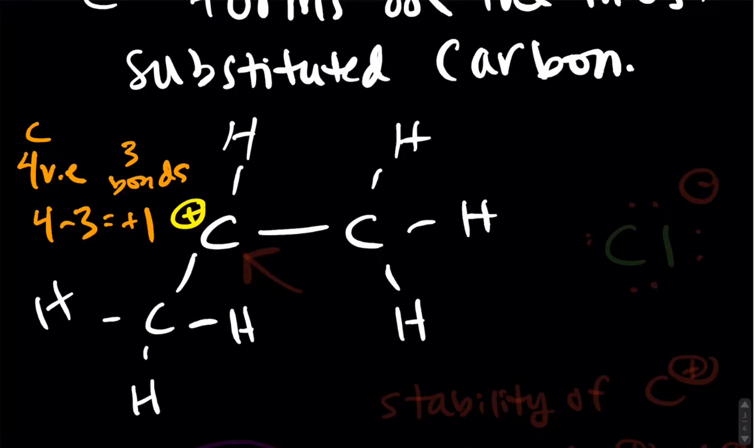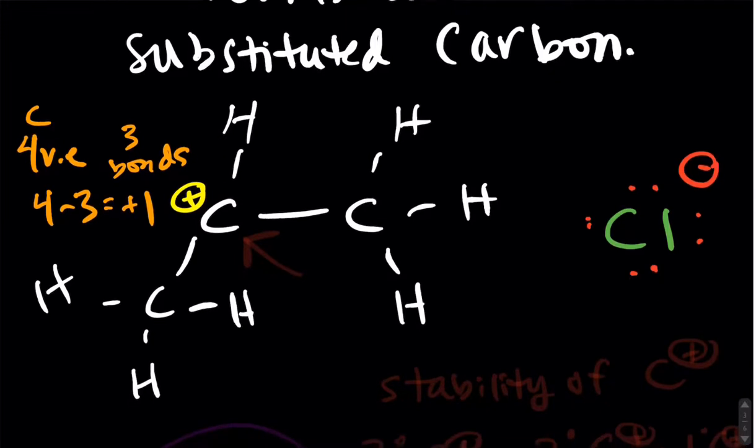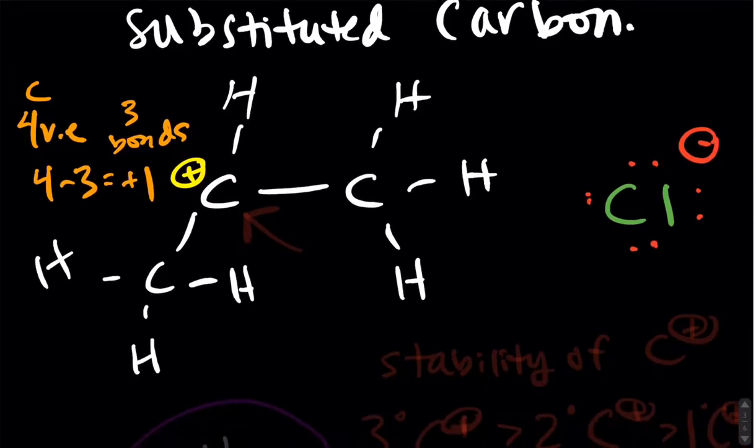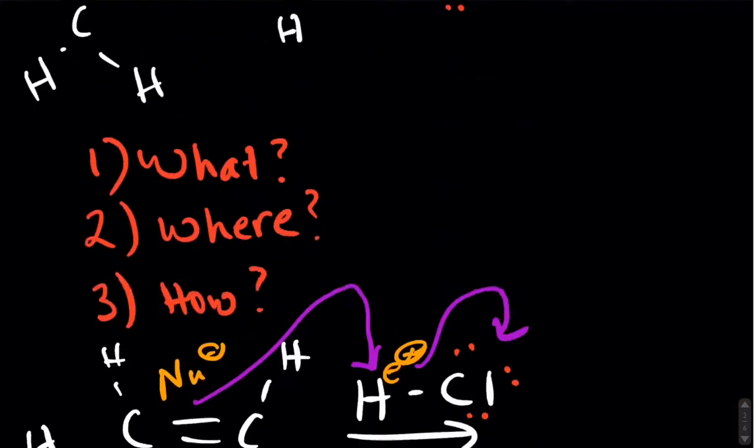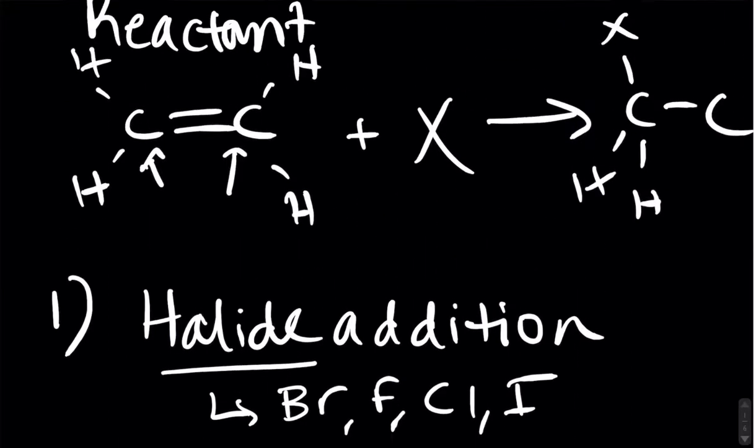And let's not forget that we still have this negatively charged chlorine ion floating around. And if you notice here, a negative and a positive altogether will have a net charge of 0, and that's always important to keep up with your charges. Here, we started out with a neutral molecule and a neutral molecule.